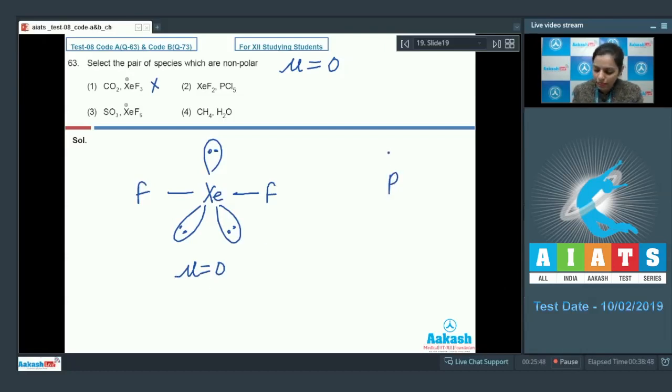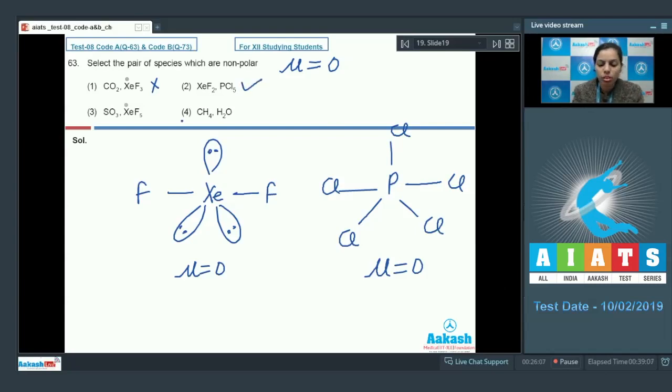While in the case of PCl5, this type of molecule is there, with chlorine atoms in this way. Here the net value of mu is 0 because the net dipole is cancelled out and ultimately mu value becomes 0. So in this case both the species given here are non-polar.